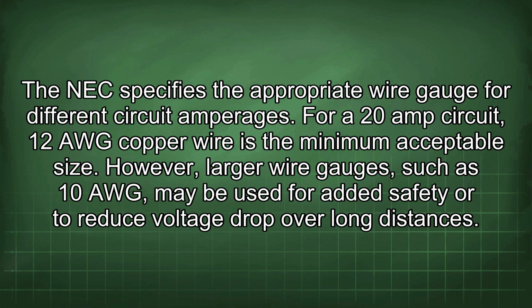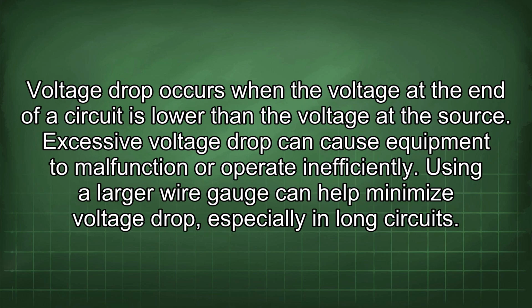However, larger wire gauges, such as 10 AWG, may be used for added safety or to reduce voltage drop over long distances. Voltage drop occurs when the voltage at the end of a circuit is lower than the voltage at the source. Excessive voltage drop can cause equipment to malfunction or operate inefficiently. Using a larger wire gauge can help minimize voltage drop, especially in long circuits.